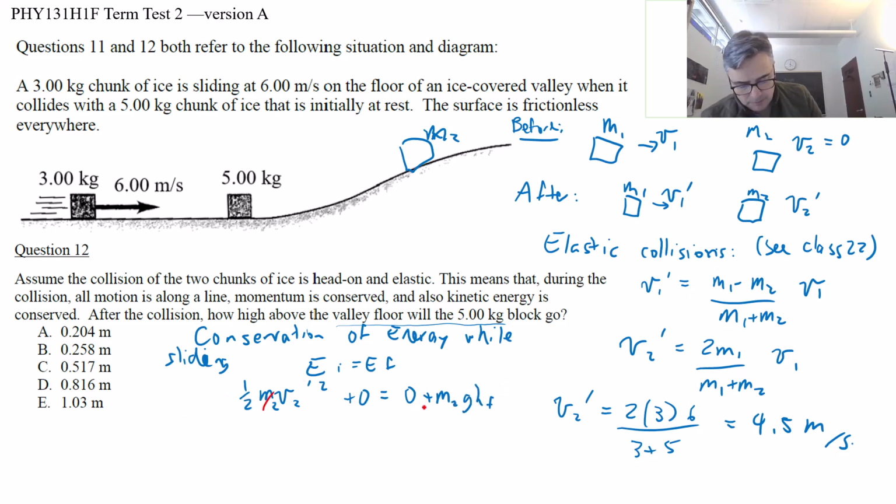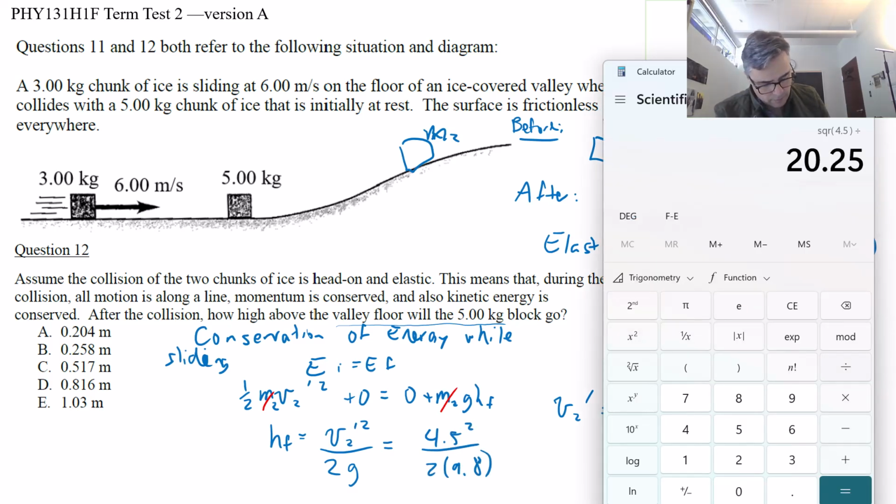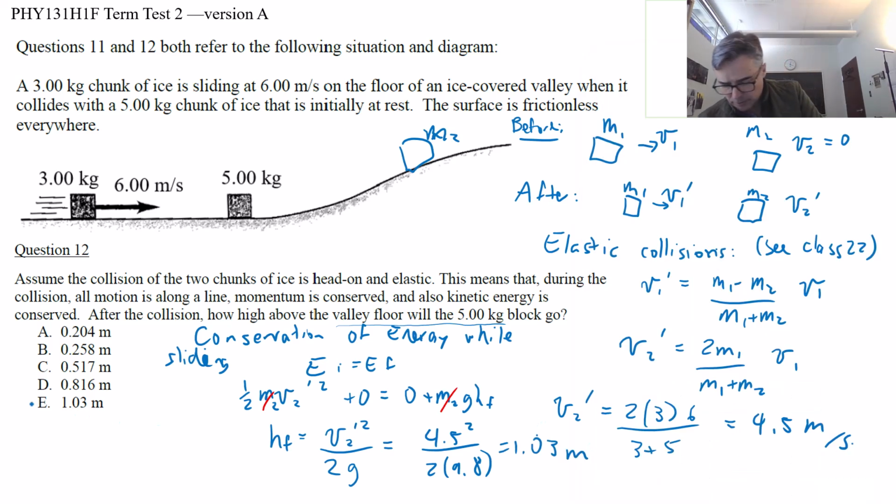In this case, it's the m2's that cancel. h final equals v2 prime squared divided by 2 times g: 4.5 squared divided by 2 times 9.8 equals 1.03 meters, which is E.